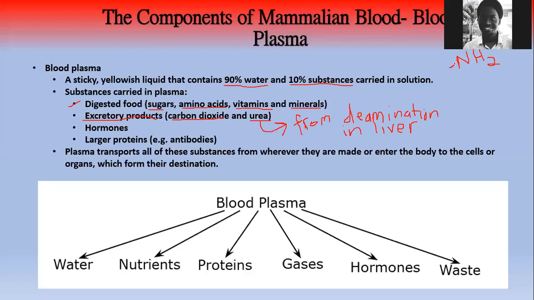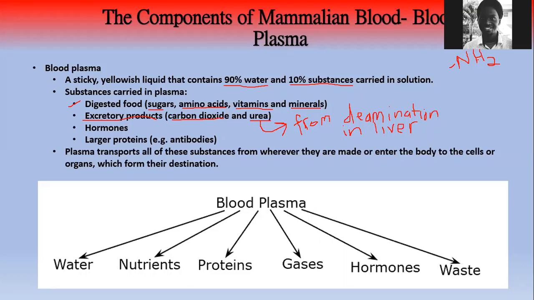The NH2 group that is part of the structure, 1 nitrogen and 2 hydrogen, would be removed from the amino acid to form ammonia and urea.